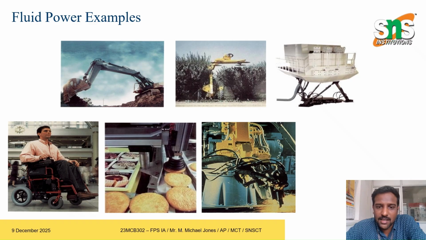The second one is a tree cutter. The third is a hydraulic lift jack. The fourth is a pneumatically operated wheelchair. Then we have a vacuum suction in a cookie manufacturing place. And the last image is a robotic arm performing certain welding operations.